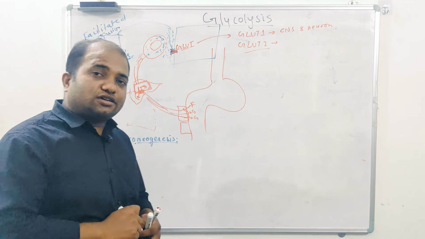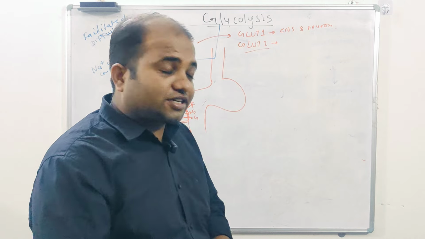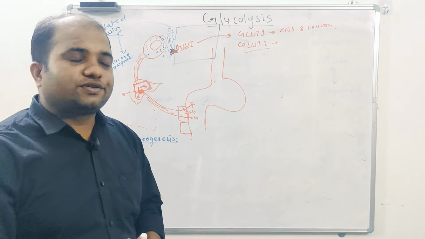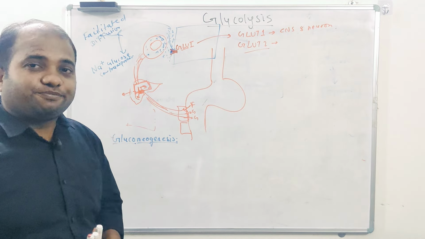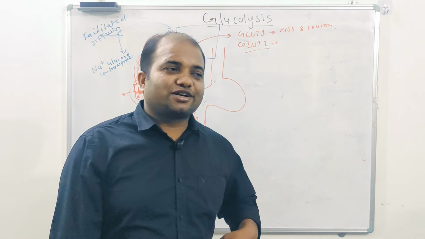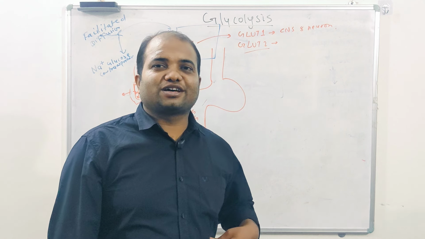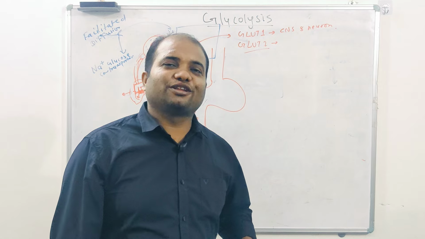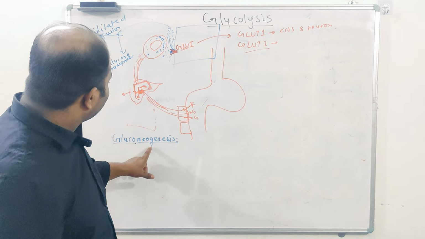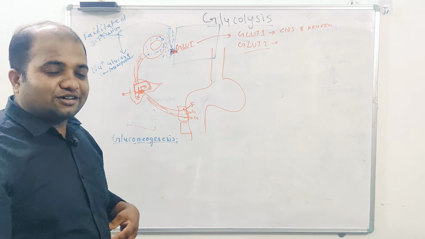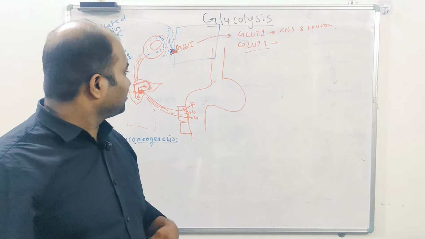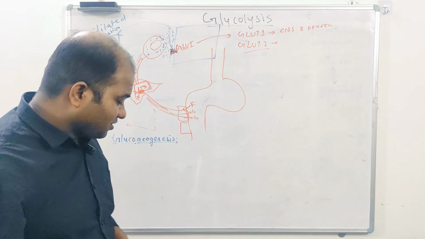But there are some other organs in our body, apart from hepatic cells, which will do gluconeogenesis. Yes, and you know, again, our kidney, don't forget our kidney. We just remember it as a filtration organ, but it's more than that. This gluconeogenesis occurs in the kidney, in the renal system, mainly in the PCT, right?